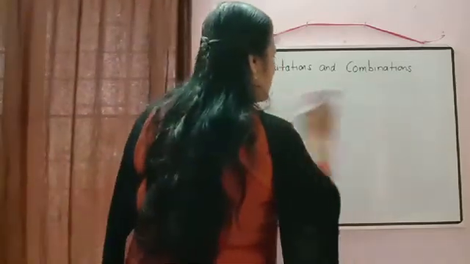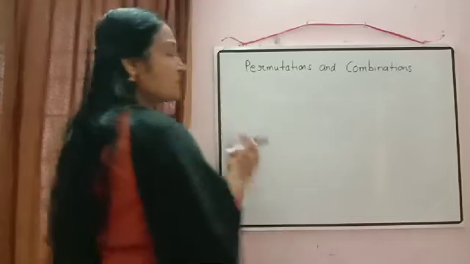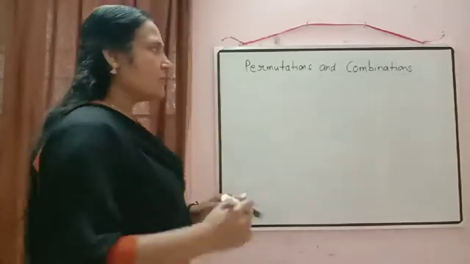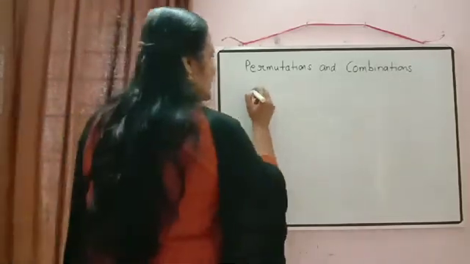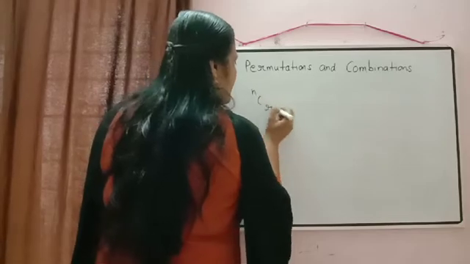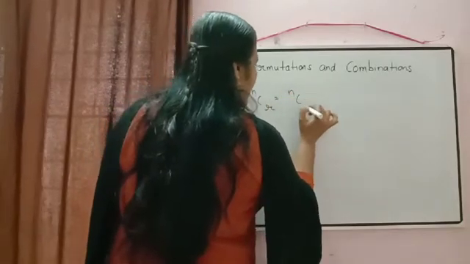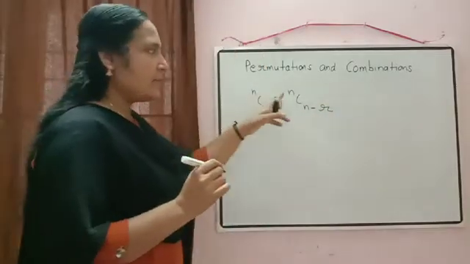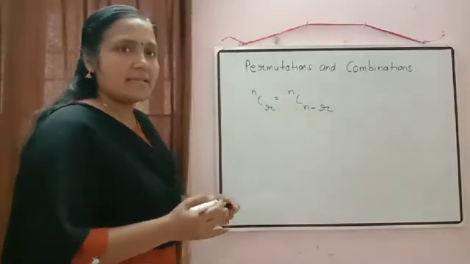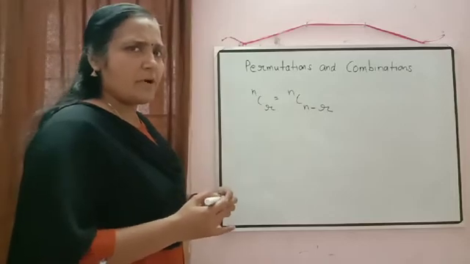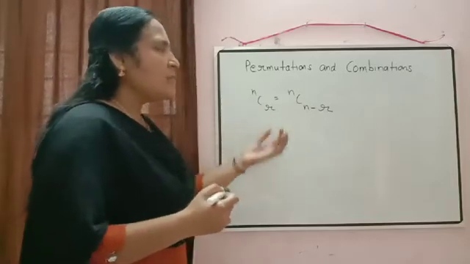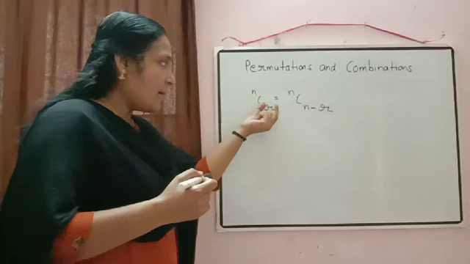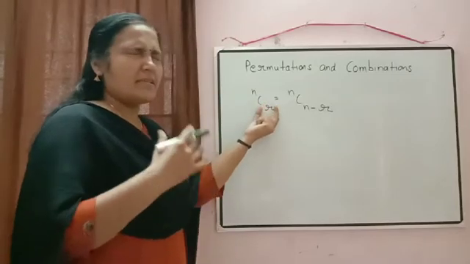This we already discussed in the last class, and I also told you some properties, the ones we use most in solving questions. The first property we studied was that NCR can be written as NC(n minus r). We already proved this property. We use it when the number at the bottom is a big number.